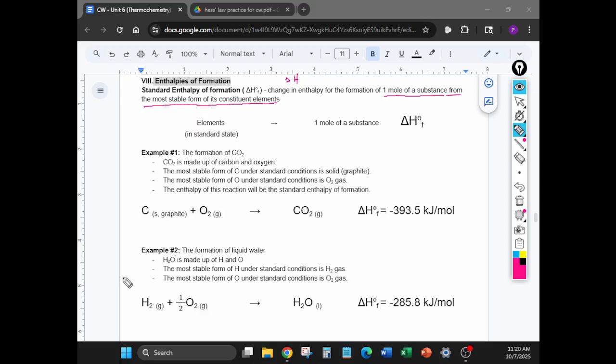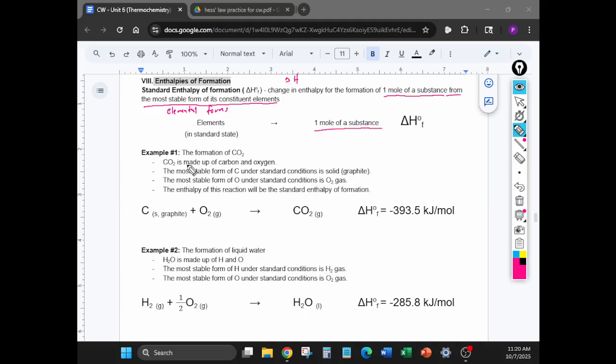Okay, so you're trying to make 1 mole of a chemical from its elemental forms. We talked about it before, from their elemental forms. Okay, so it's a very specific type of reaction. Again, you have to have 1 mole of whatever you're looking at on the product side, and then you need the elemental form of what it's made out of on the reactant side.